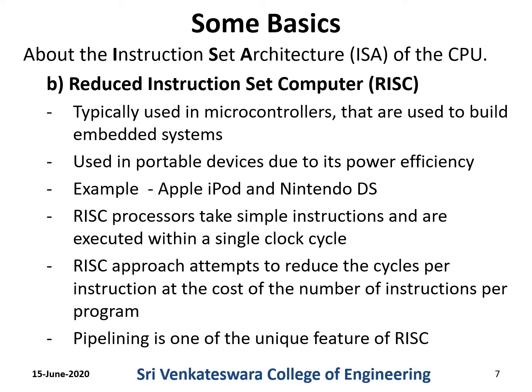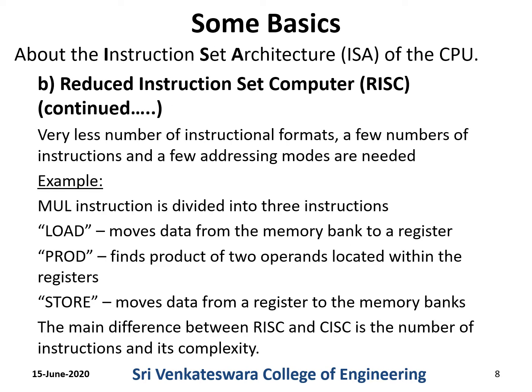All these are achieved at the cost of the number of instructions per program. That is, the number of instructions in a program will be more compared to CISC to achieve the same task.